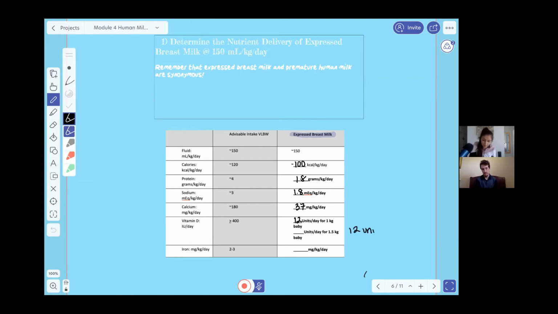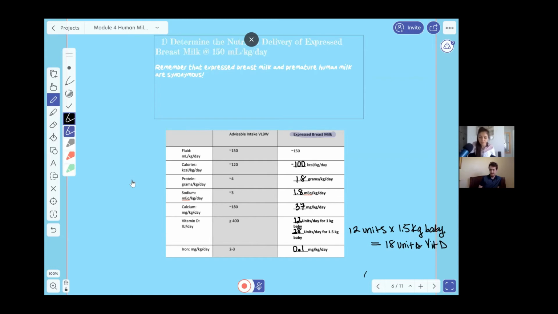And then last we have iron. Lastly, our iron is at 0.1 milligram per kilogram per day. Okay, perfect. That was pretty simple, right? Super easy.